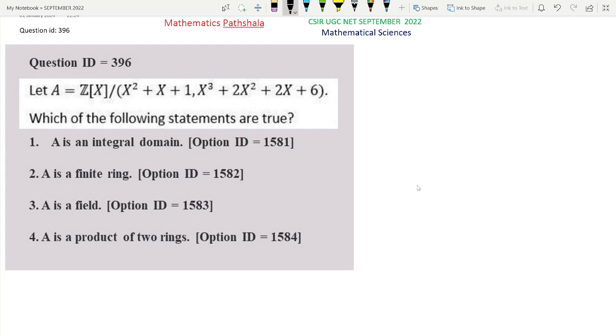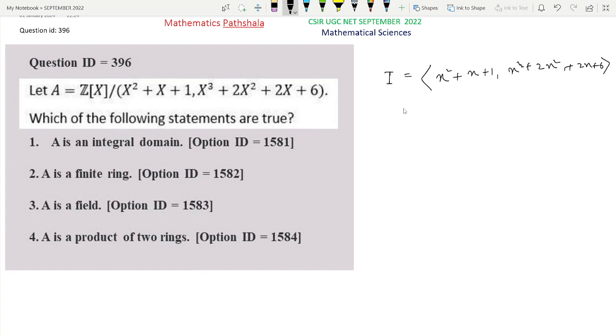So see first, let us suppose this ideal is denoted by I, which is generated by these two polynomials, x square plus x plus 1 and x cube plus 2x square plus 2x plus 6 in Z[x].